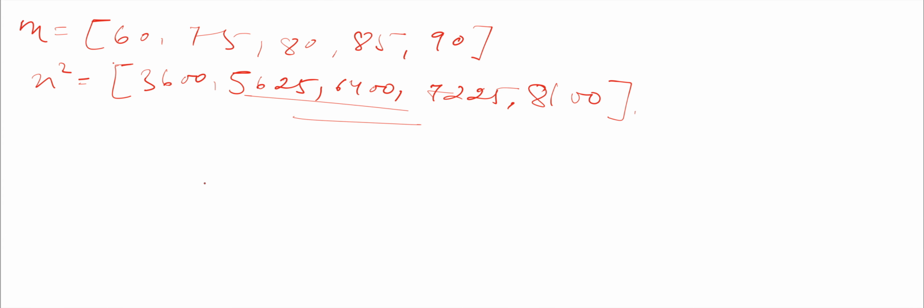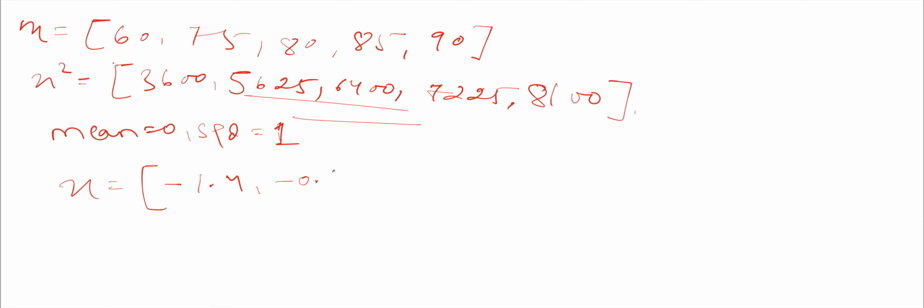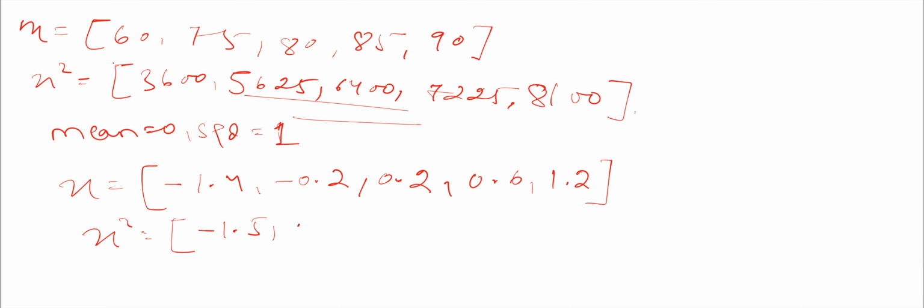After standardizing them, we have a mean of 0 and a standard deviation of 1. So x will look like this: minus 1.4, minus 0.2, then 0.2, then 0.6, then 1.8. The x squared will look like this: minus 1.5, minus 0.3, 0.1, 0.7, and then 1.3.